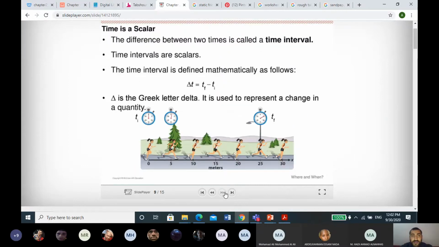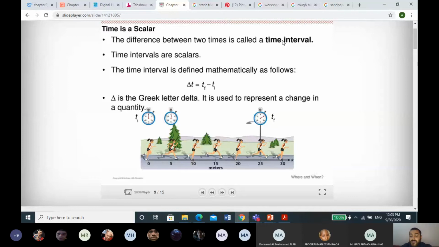So time is a scalar, guys. When we say it's 4 minutes, 5 minutes, 7, without specifying any direction, it's a scalar. So time is a scalar. What do you call the difference between two intervals?